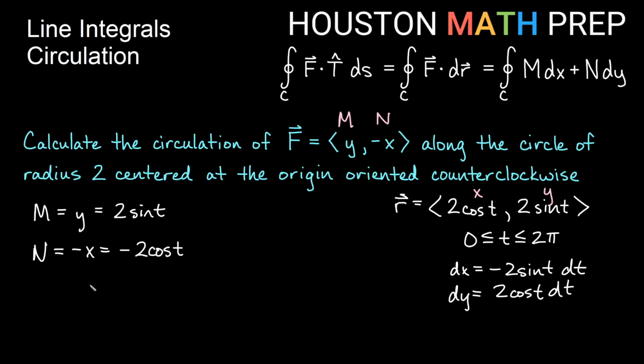And now if we write down our integral, our circulation is going to equal the integral from 0 to 2 pi of m dx, we get negative 4 sine squared t, and then n dy, I also get a negative 4 cosine squared t dt.